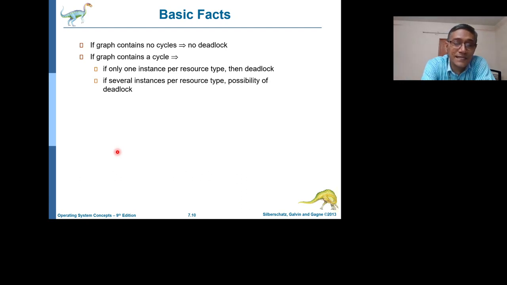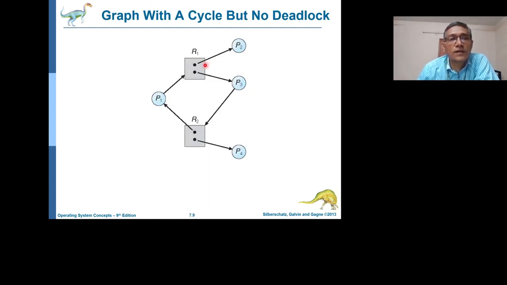If there is a cycle and one instance per resource type, definitely there will be a deadlock. If there are more instances, like our previous example, R1 has two instances and R2 has two instances. Even though there is a cycle, there is no deadlock, because those two instances satisfy the requests made by P1, P2, P3 and P4.